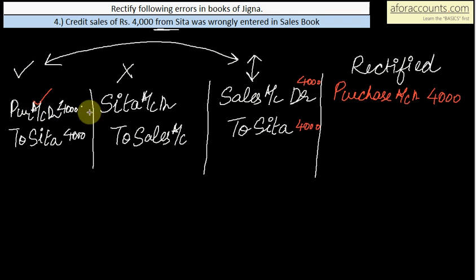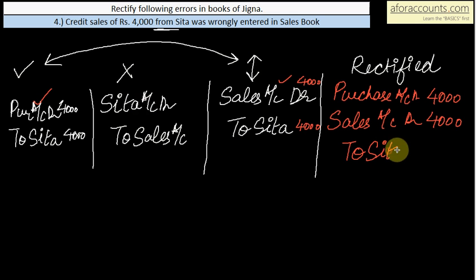Okay, purchase account debit 4,000. What else in debit? Sales account debit 4,000. So sales account debit 4,000. And Sita twice in credit. So to Sita 4,000 plus 4,000. Total 8,000. So your rectified entry is purchase account debit 4,000. Sales account debit 4,000 to Sita.